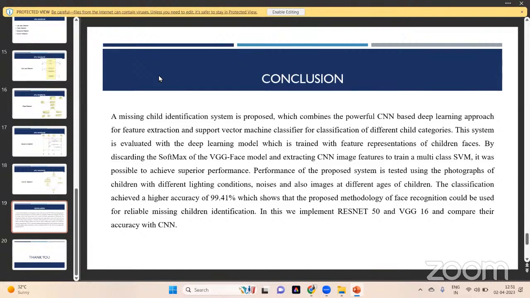So admin will have a database of children who are already missing. These data can be collected from the actual original police FIR reports. And the public will upload another data, that is a public data set. This public data set is compared with the admin data set to match if there are any suspected children.